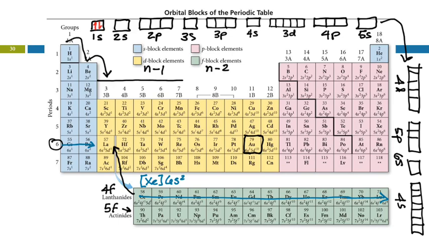And you can count if you forget how many are in an F. 4f, 14. And then we'll come up here and finish 1, 2, 3, 4, 5, 6, 7, 8, 9. So that's 5d9. See how that works?